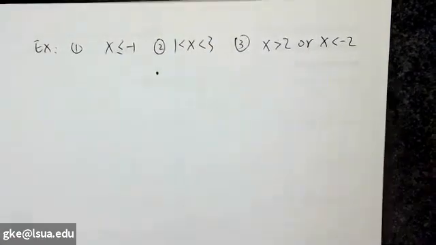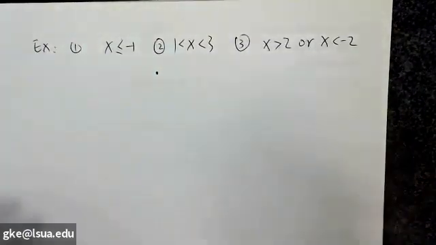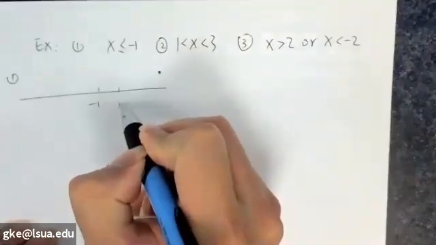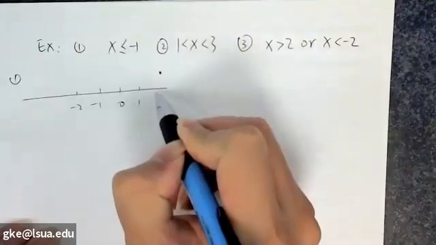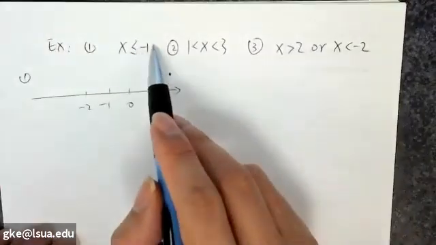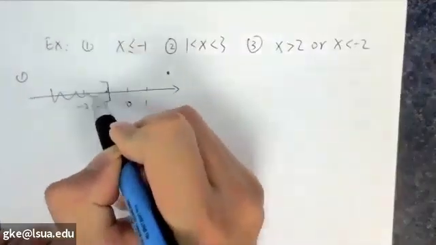Okay, I'm gonna show you guys the solution. So here we have -1, 0, -2, 1, 2. And of course, less than or equal to -1. -1 is included, so it should be here.